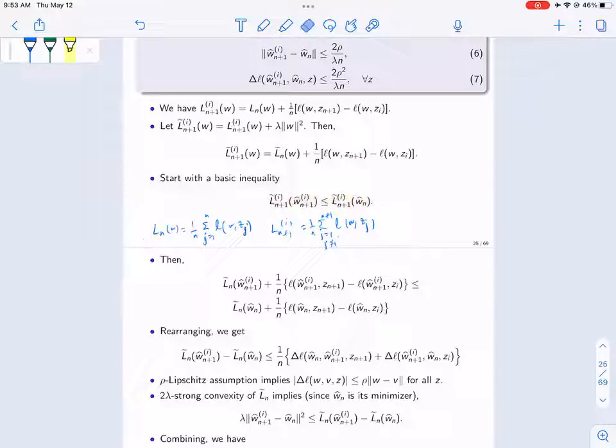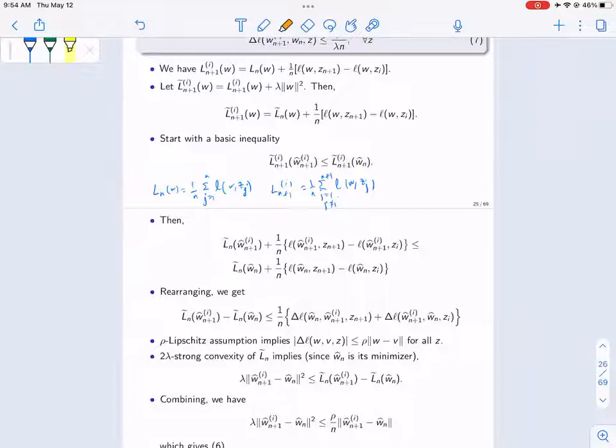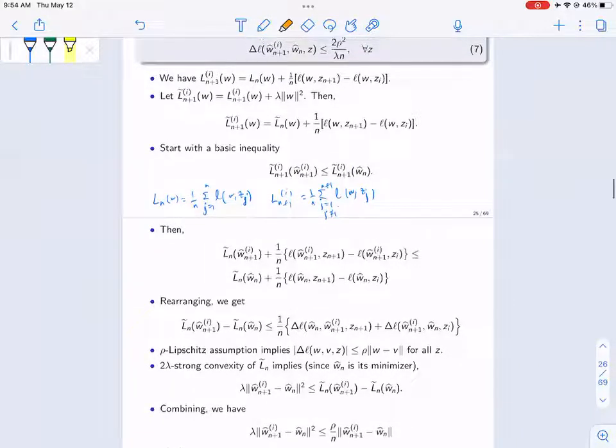This W hat n plus 1 i is the minimizer of this loss, and there's no feasibility assumption, so W hat n is any other candidate. So the loss of this is at least as good as the other one. Then we subtract, or basically you replace this with this expression. So if I replace this with that expression, you can see this is the inequality that I have.